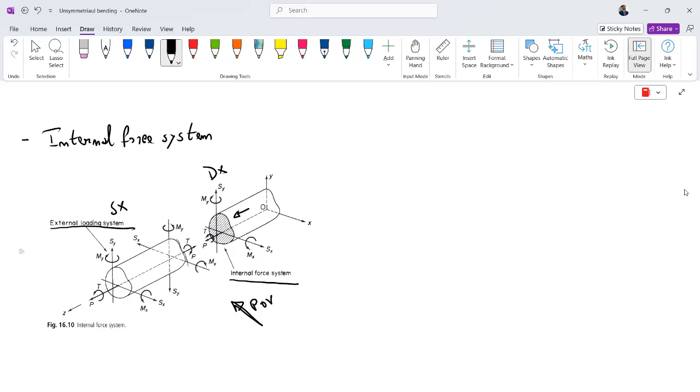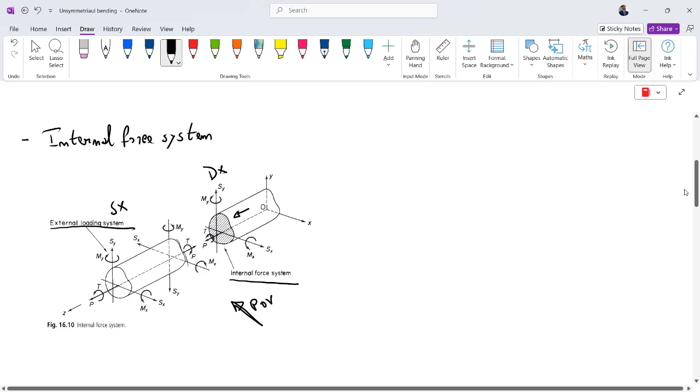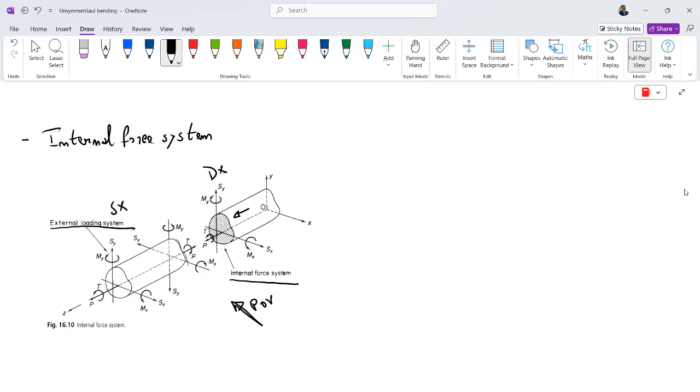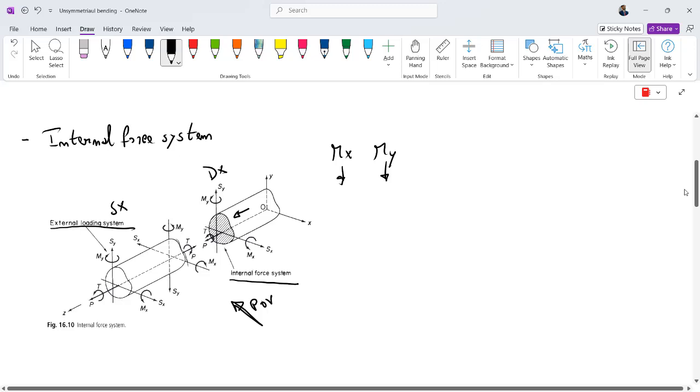So all the internal moments, internal forces, internal torque follow the same convention of the external moments and forces. Clearly, I didn't say it before, but Mx is the moment applied around the x-axis, and My is the moment applied around the y-axis, but it is simple to note this.